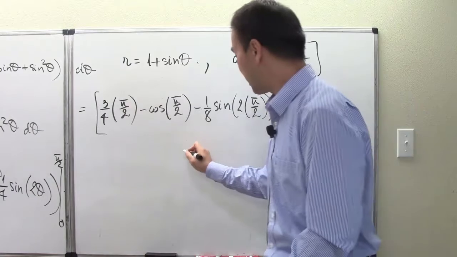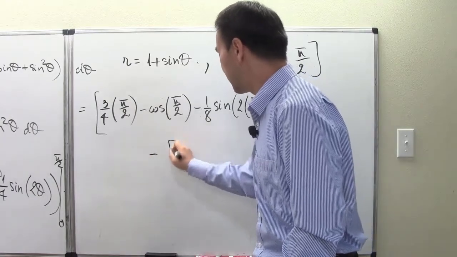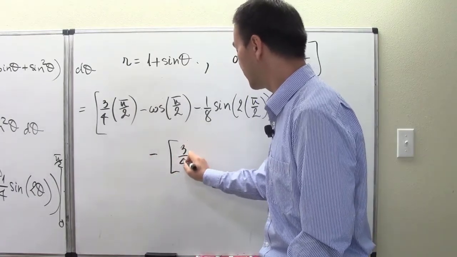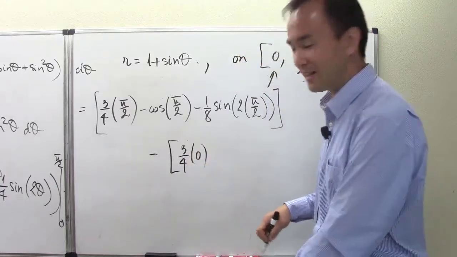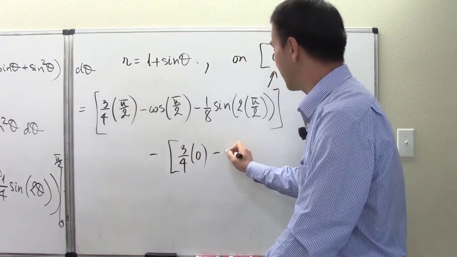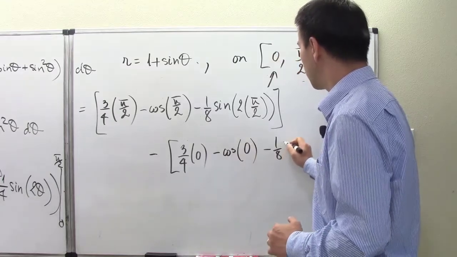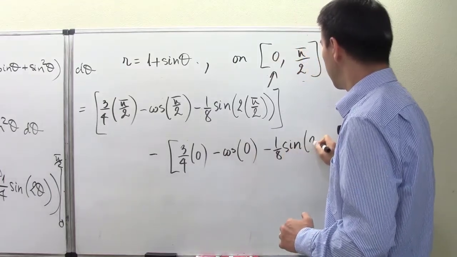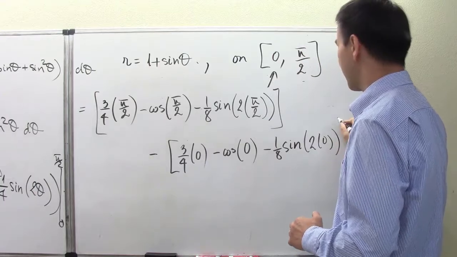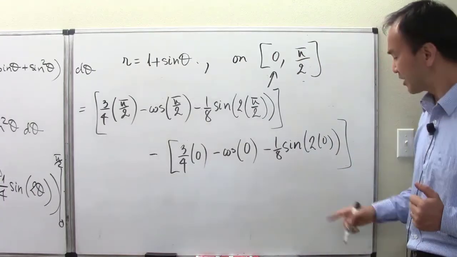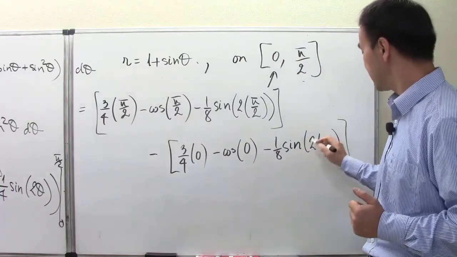And then the next one here I'm going to subtract: 3/4 times 0, minus cosine of 0, minus 1/8 times sine of 2 times 0.